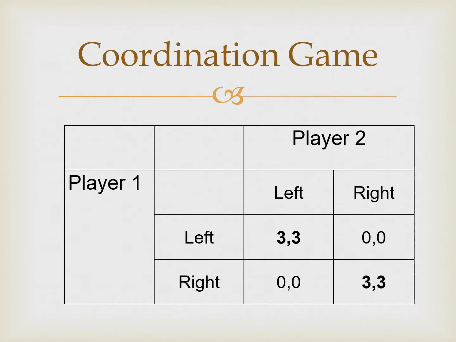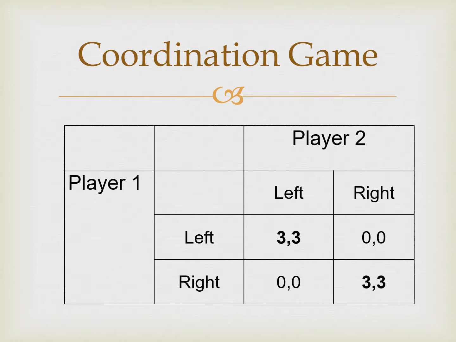We can think of a classic coordination game of you both having to play left or both having to play right. As long as you match up, you get some positive payoff and you're happy. And so within this game, we can think about what happens, and we would have a pure strategy Nash equilibria concept.